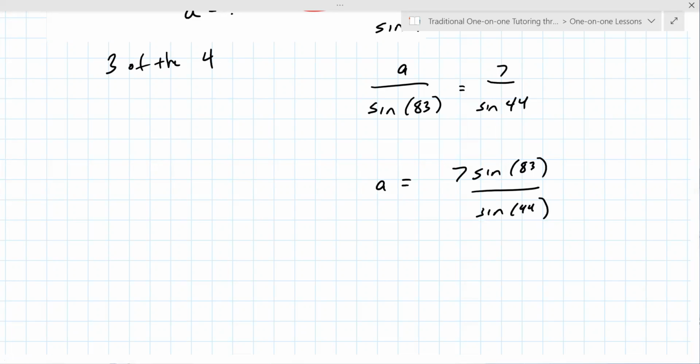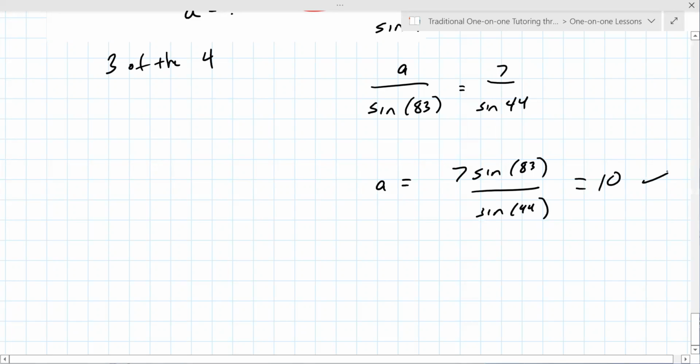Just grab a calculator if you got one. Which is 10.0017. So 10.002, right? Yep. I just go 10 on that, but that's perfect.